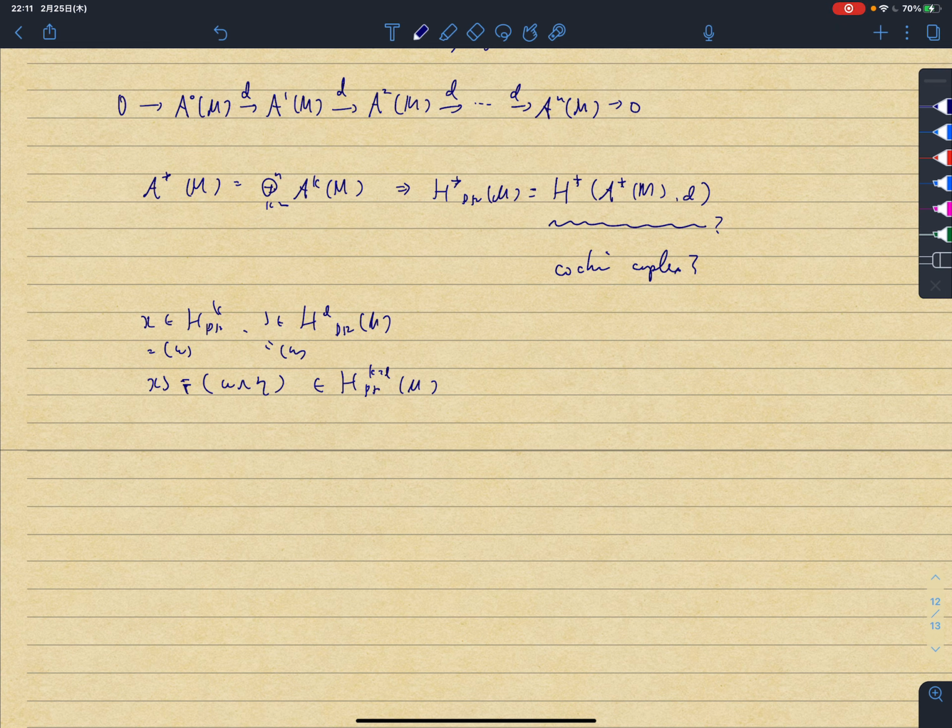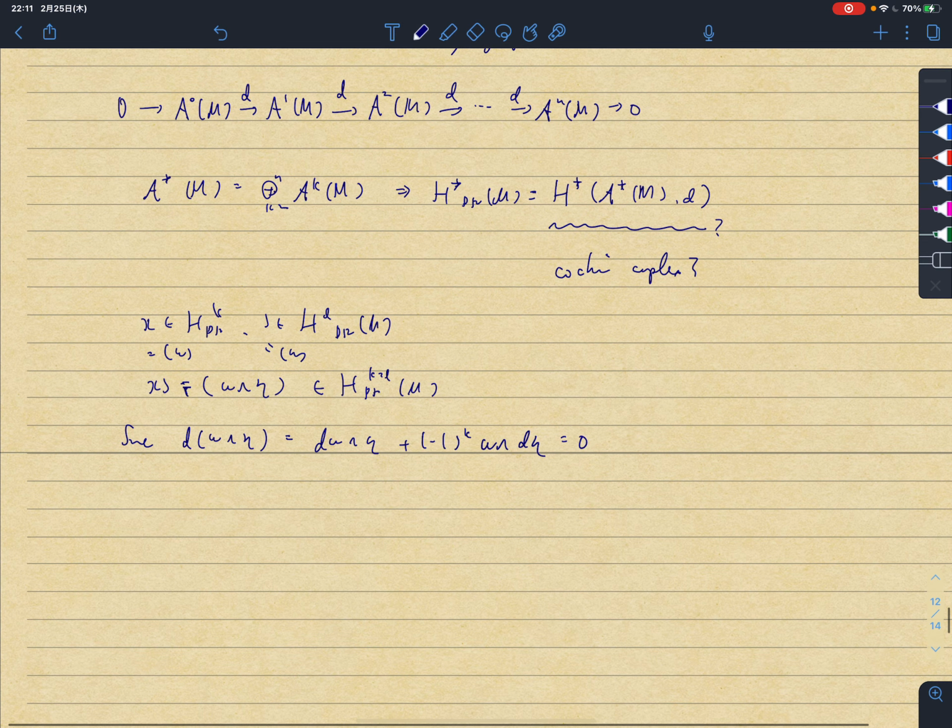Here, since omega and eta are closed, omega wedge eta is of course a closed form, and so this is included in H^(k plus l).